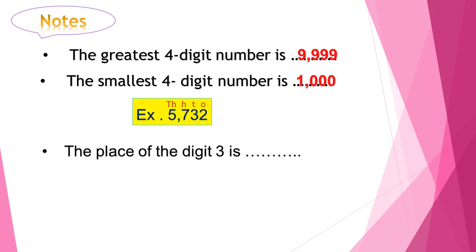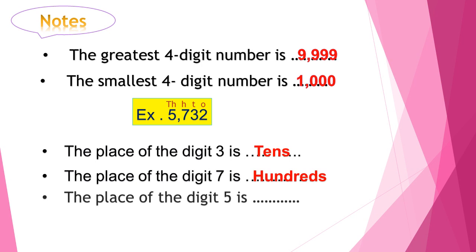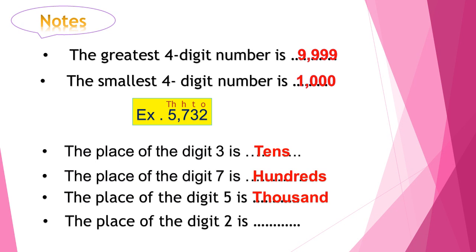Then its place is tens. The place of the digit 7, 7 in hundreds. Then its place is hundreds. The place of the digit 5, 5 in thousand. Then its place is thousand. The place of the digit 2, 2 in ones. Then its place is ones.